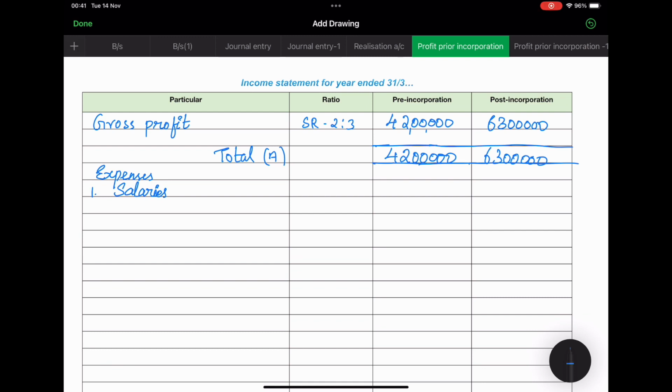First, we are having salaries of 15 lakh. Time ratio 1 is to 1, so 7 lakh 50,000 and 7 lakh 50,000.